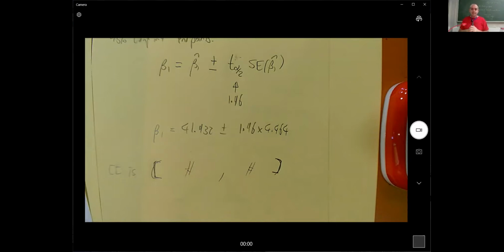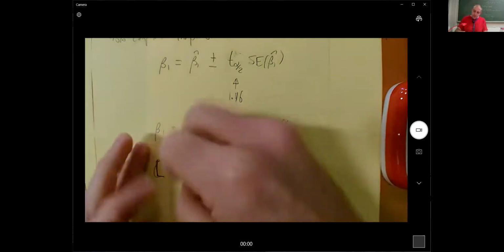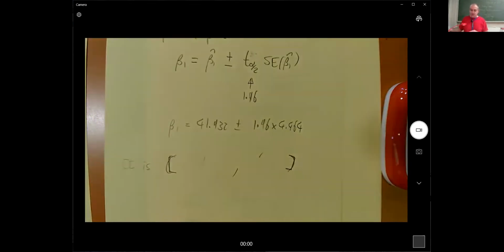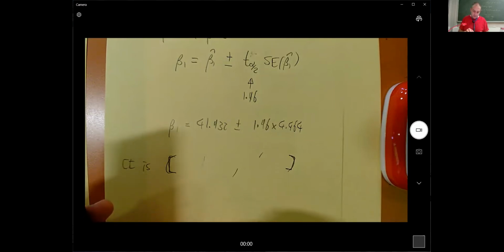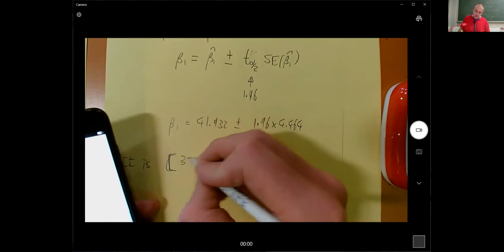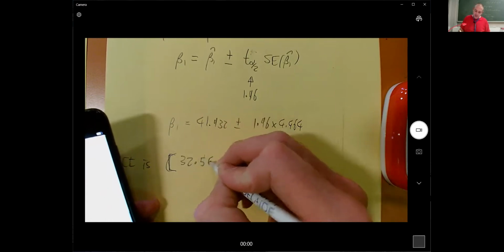Right. Cool. So actually, I really do want to do this. I'm actually going to calculate these numbers. So 41.932 minus 1.96 times 4.464, and this is 32.56.